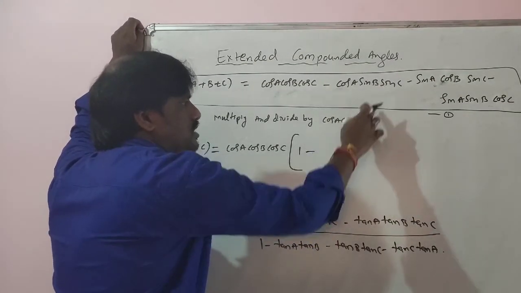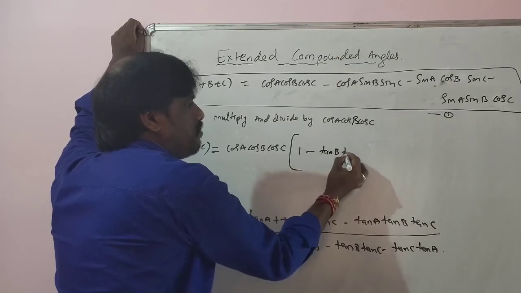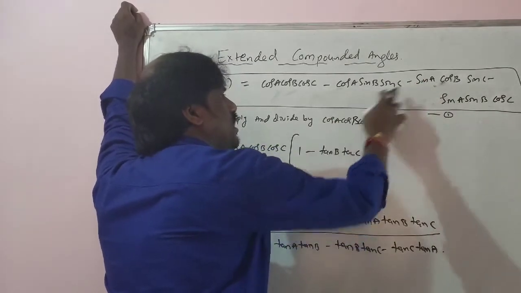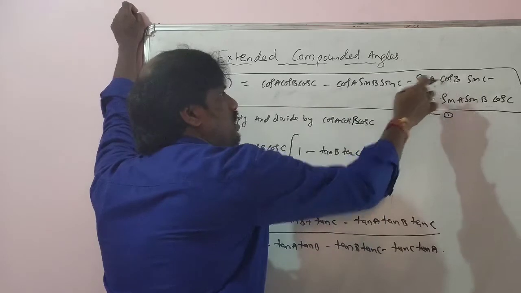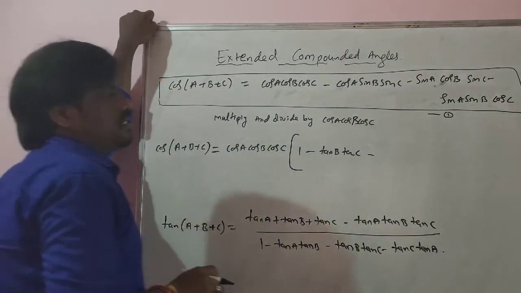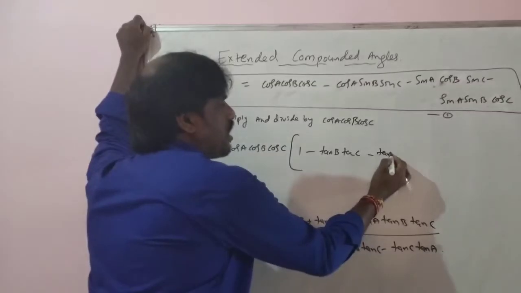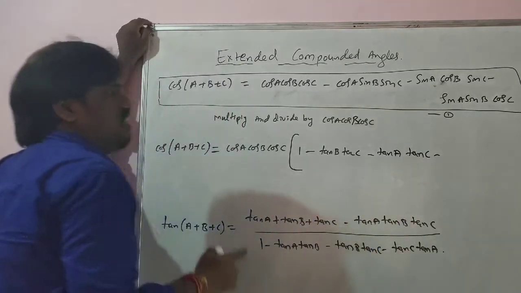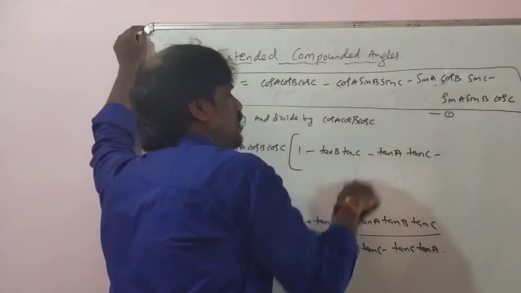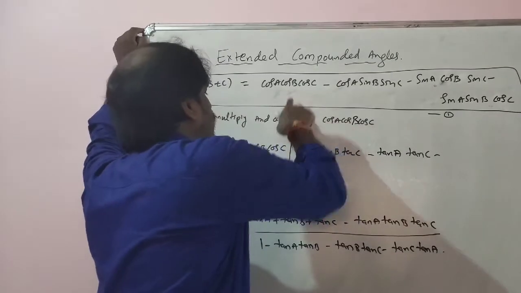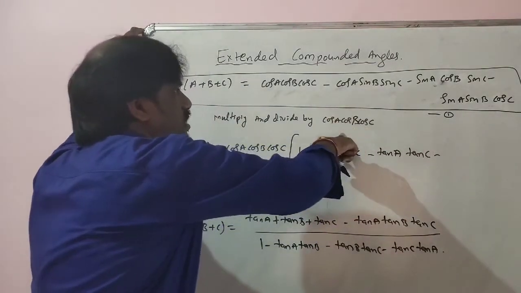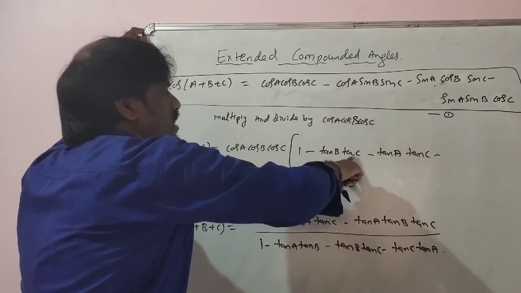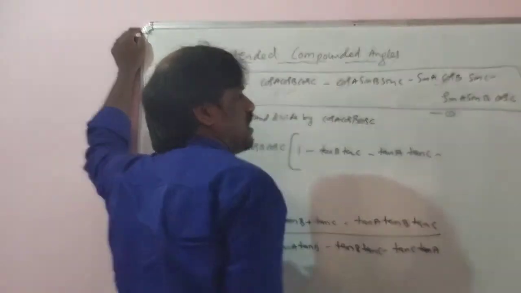When you divide the next term, cos A cancels, sin B by cos B, sin C by cos C, so I get tan B tan C. When I divide the next one, sin A by cos A, cos B cancels, so I get tan A tan C, minus.